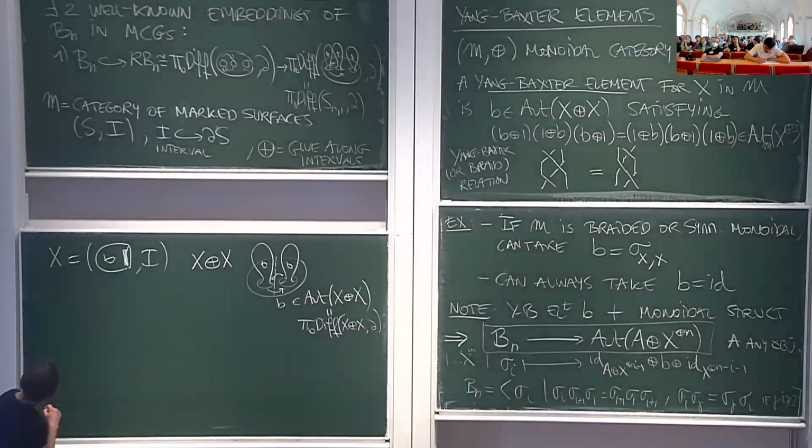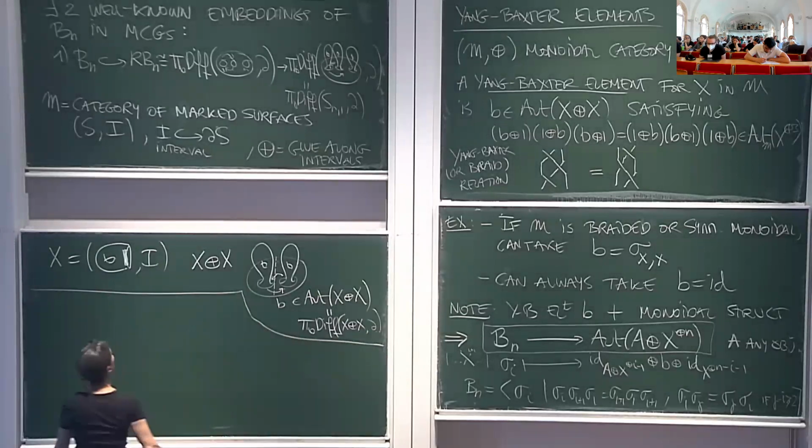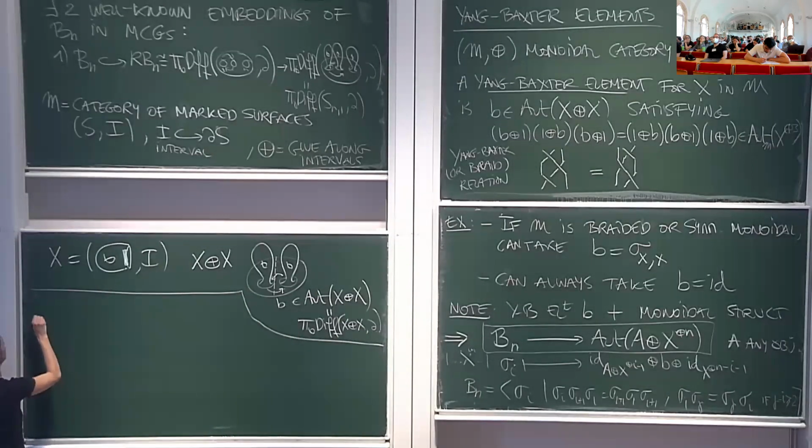That was one well-known map from the braid group to the mapping class group of surfaces. There is another one, and it looks like this. I'll draw two surfaces.